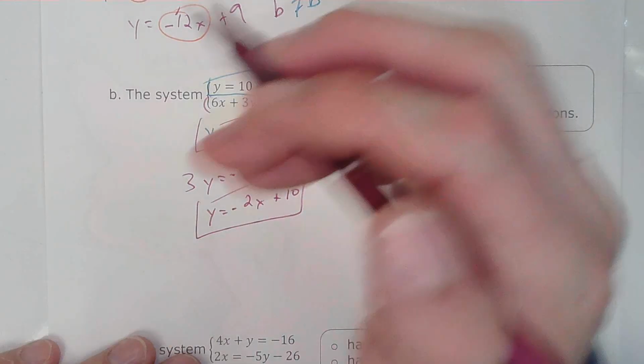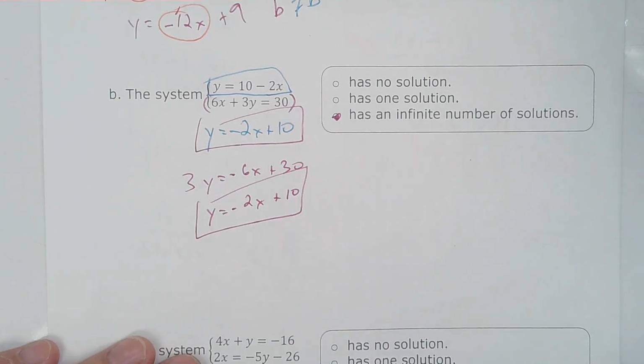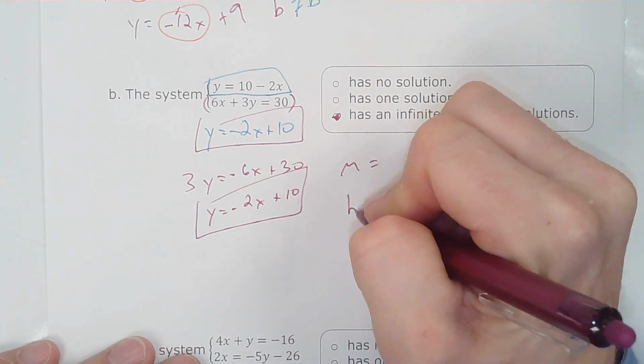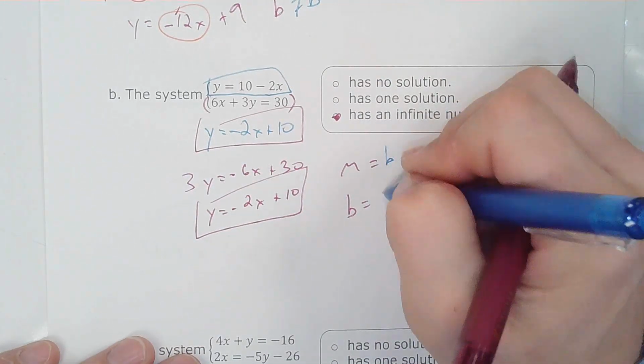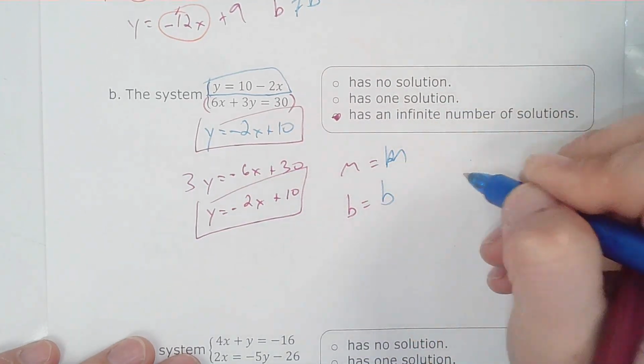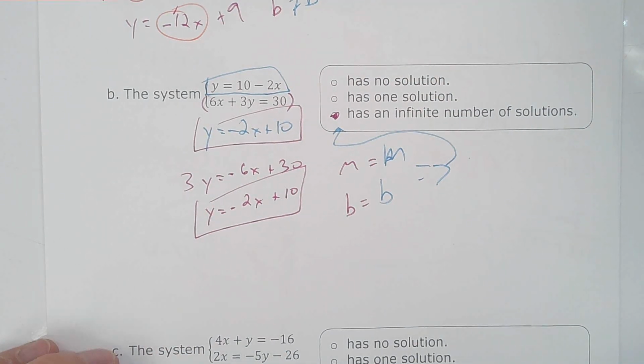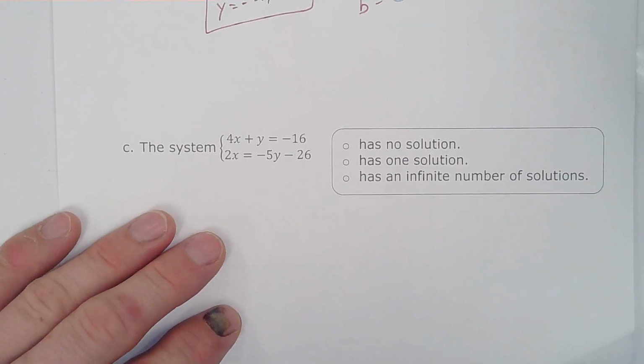So this has an infinite amount of solutions. Same equation, same line. m equals m, b equals b. Therefore, it has an infinite amount of solutions.